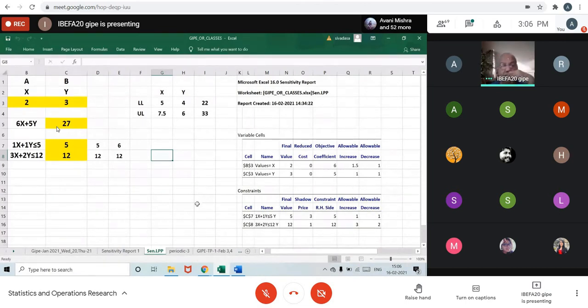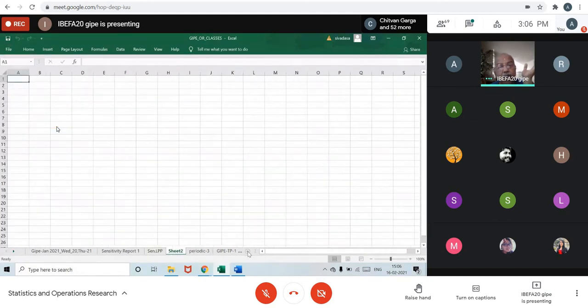Therefore, to speak about LPP, solving an LPP is very simple.